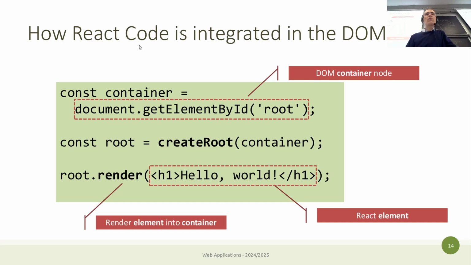Okay, so how do we integrate the React code into the DOM? Well, actually it's the same thing you did in the lab for your JavaScript code. Basically, you have an entry point, you get the element by ID, and you create a new element, and then you append the stuff, right?